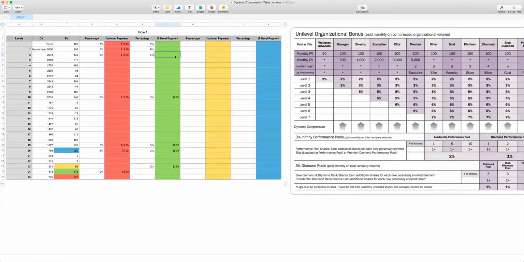So we'll pay those out as well. You'll see how ranking to these higher ranks means that you're earning deeper into that compensation plan.